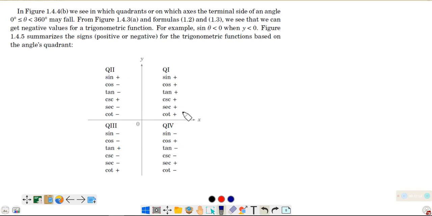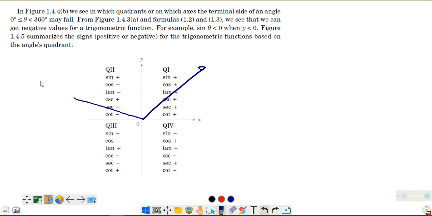So, kung nandito ang iyong terminal side, halimbawa, ganyan, you can expect that all of the 6 trigonometric functions are positive. Kung nandito naman ang iyong terminal side, your sine is positive, your cosine is negative, your tangent is negative, your cosecant is positive, your secant is negative, and your cotangent is negative.